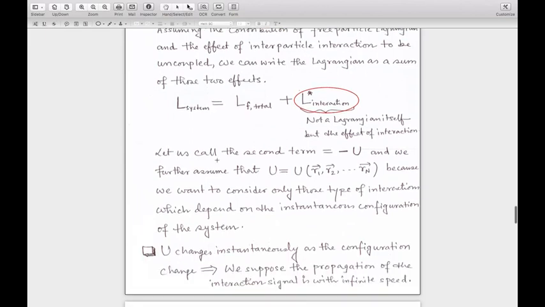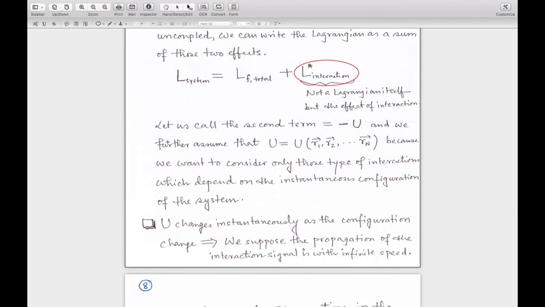You just have to remember that L_F total is the sum of the n particles' Lagrangians when the n particles are free, or non-interacting. Now L star is not a Lagrangian by itself, but just the net effect of this interaction which should be added in the total Lagrangian of the system.